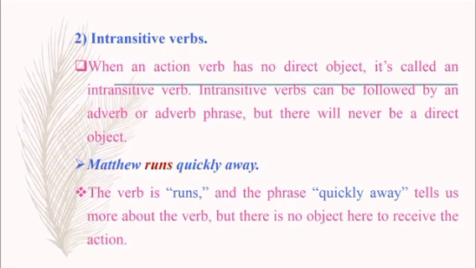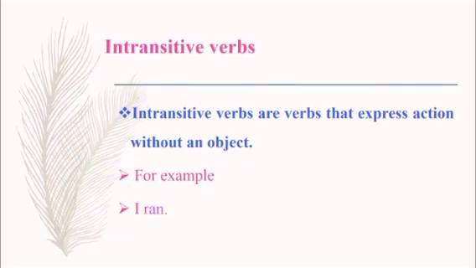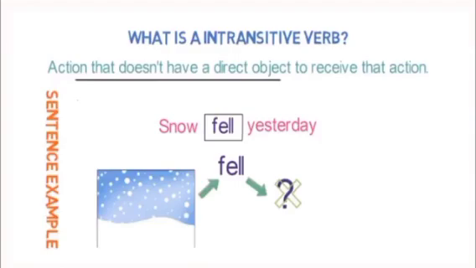So, intransitive verbs are verbs that express action without an object. For example, I ran. So, in simple words, what is an intransitive verb? Action that doesn't have a direct object to receive that action. So, an intransitive verb means it is an action verb without a direct object.